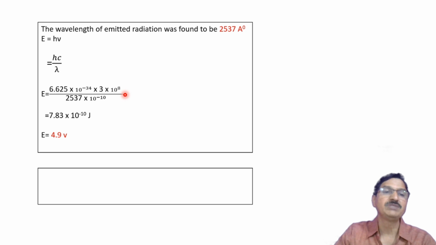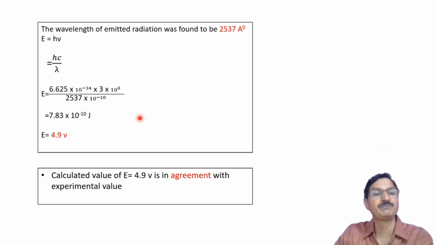So from this theoretical calculation, the energy comes to be 4.9 volt, and from the experimentally observed graph, the pattern repeats after every 4.9 volt.